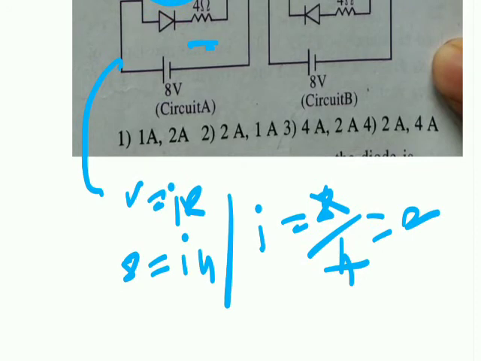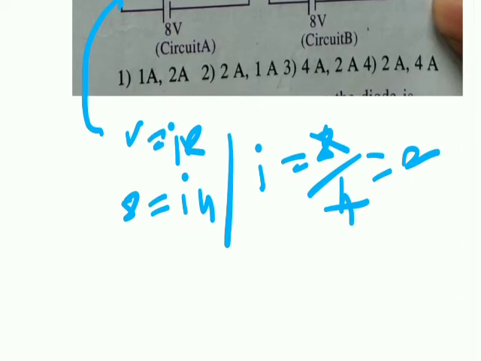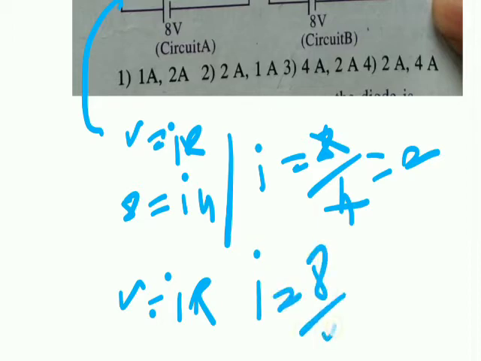Same current passing through the down diode, down resistance. Again V is equal I into R. Then I is equal 8 by 4. So 2.